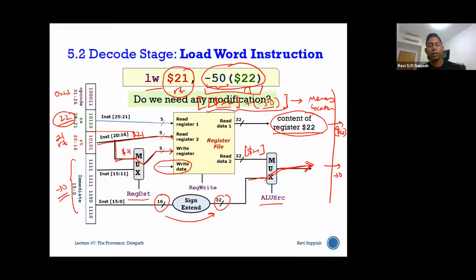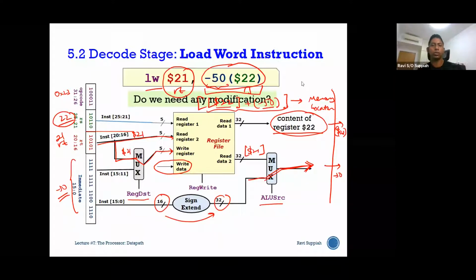The register file is used as a place for the various registers to hold information for each instruction, and at the end of the instruction, in some cases, a register may be updated with some new value. If I look at this instruction, for example, I will take the data from the memory and eventually update register 21.